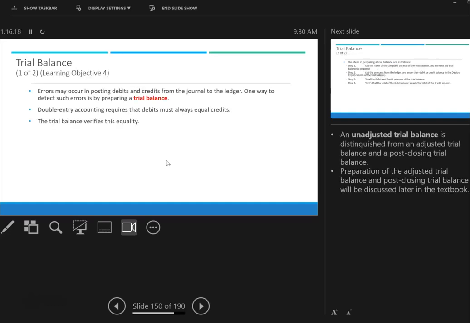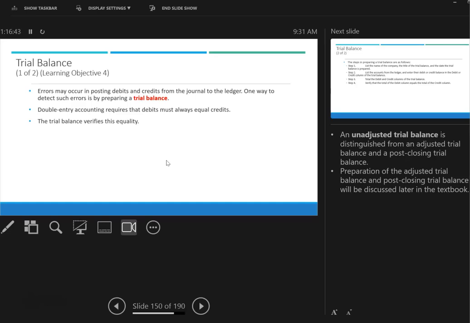The trial balance. After we journalize all these transactions, after we post them to those various accounts, we then are going to total each account in what is called a trial balance.